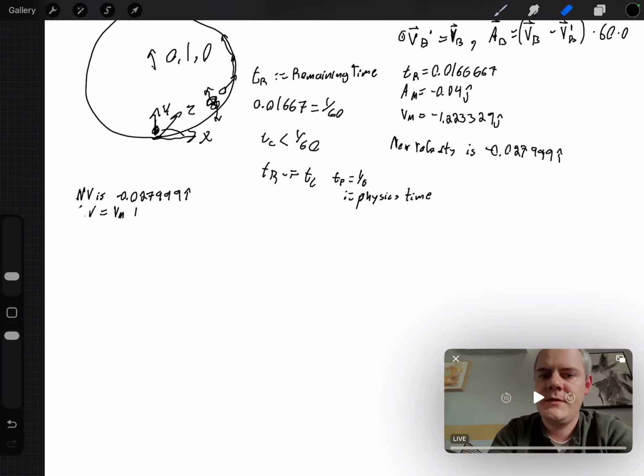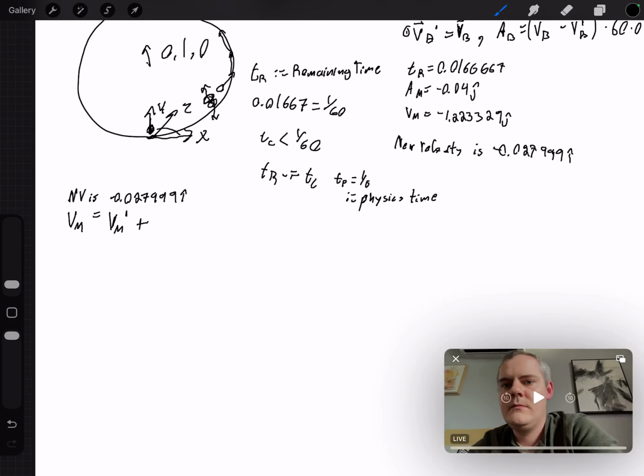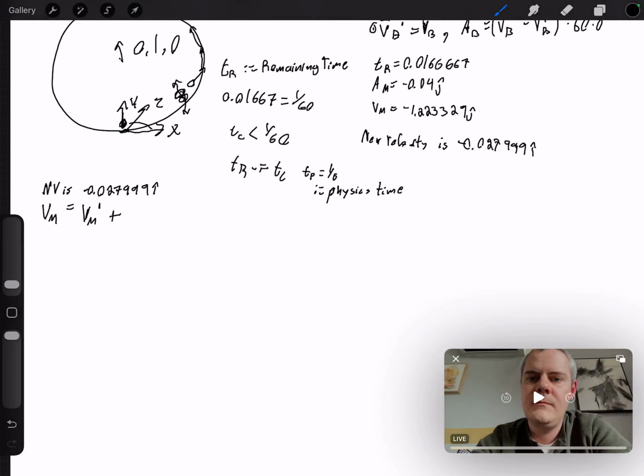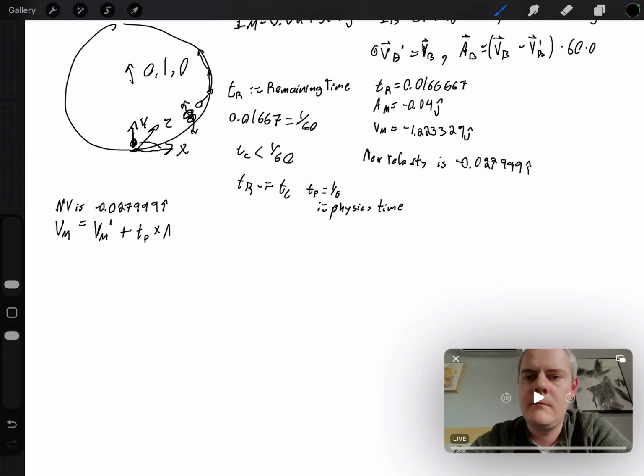Maybe more consistent with this document might be to say that the marble velocity is equal to the previous marble's velocity plus the physics time times gravity. Okay.